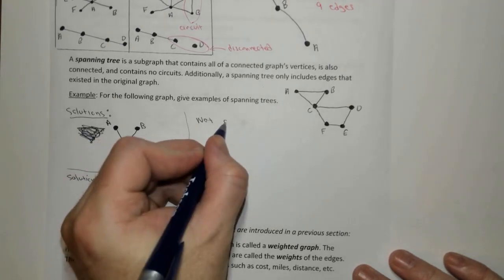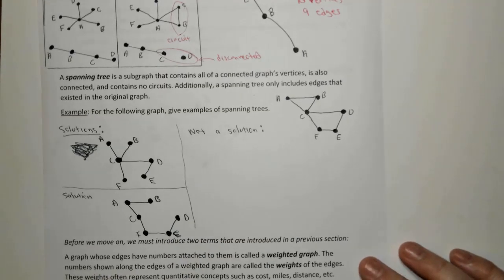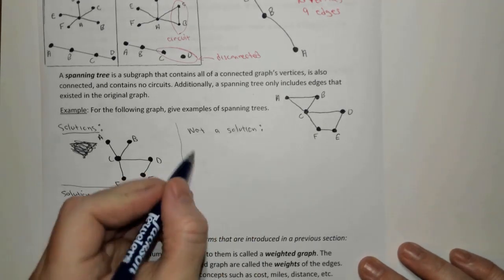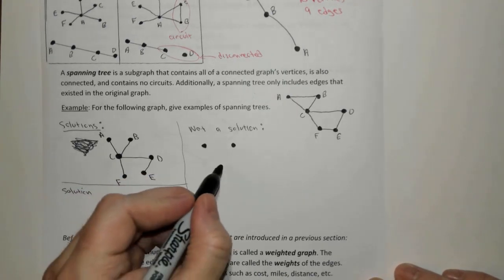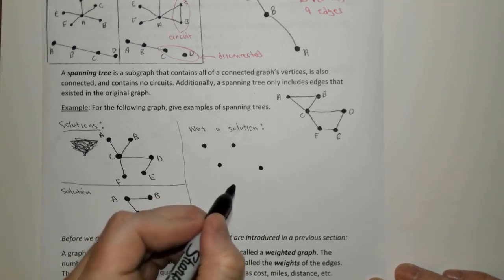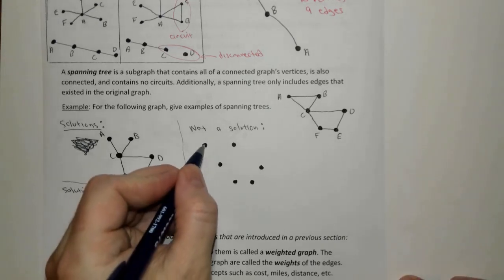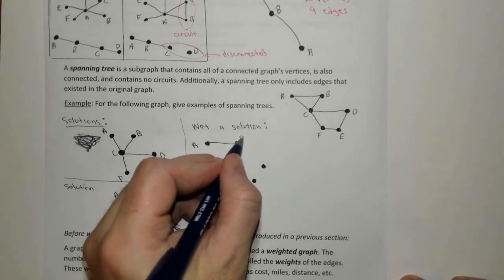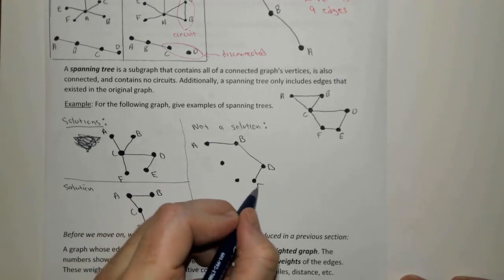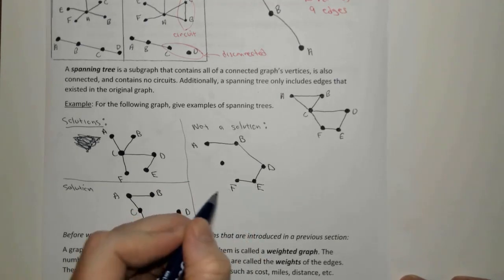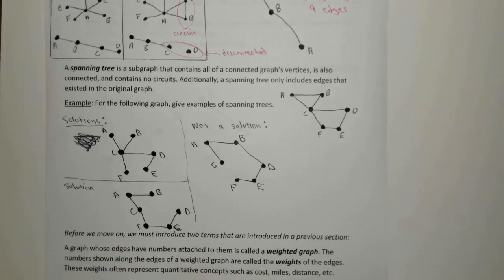This is not a solution. In the homework, I think some of these are multiple choice, and I want you to see why something is not a solution. Let me first place my vertices approximately where they go. Let's do A, B, D, E, F, and I'll do this one, C. So this is a tree, but why is it not a solution?